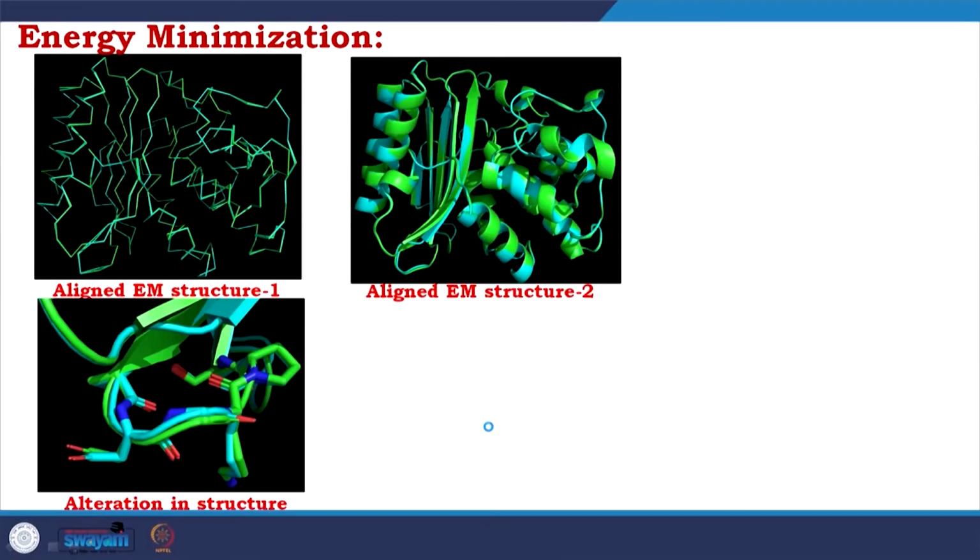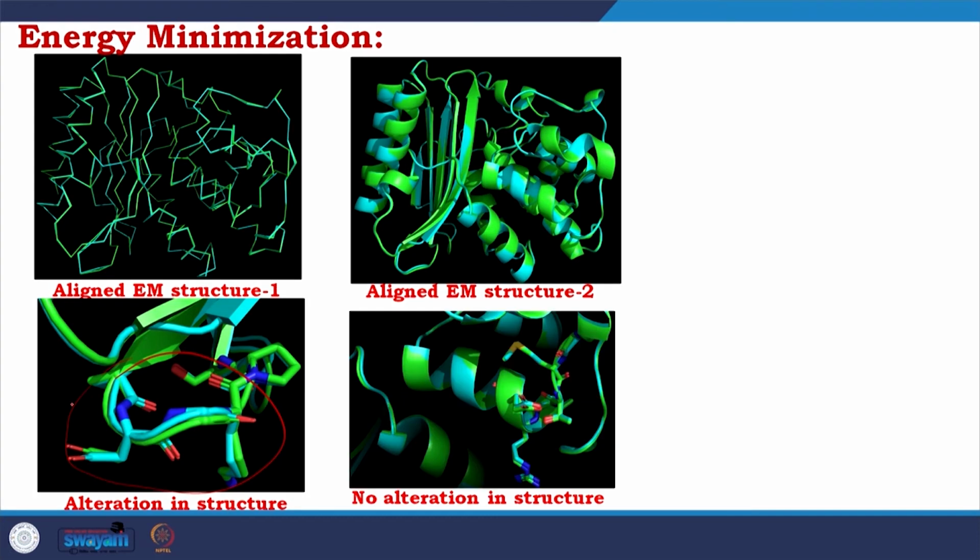If you take a zoomed look, you will see that there are changes here, but especially when you pick up structures from the experimental database you do not see much change. You see changes here, whereas in other parts you do not see that many changes, but there are little changes also. So changes are there but not much.